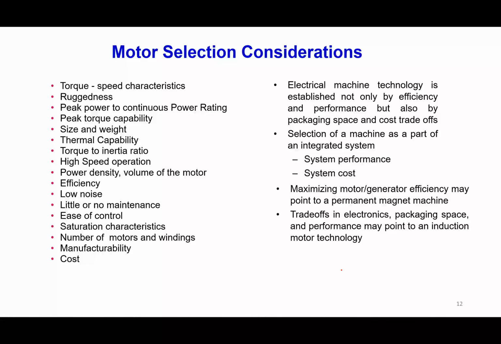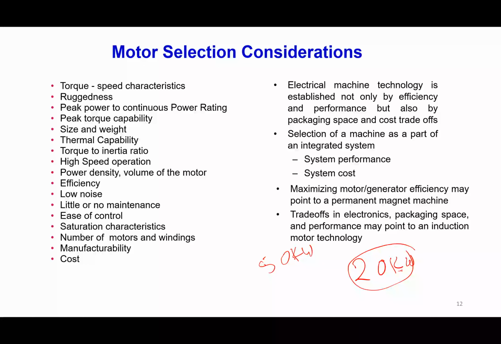If it is designed for 20 kilowatt continuous, we should be able to operate at, say, 50 kilowatt for a few minutes, depending on the application. Then it should have a good peak torque.